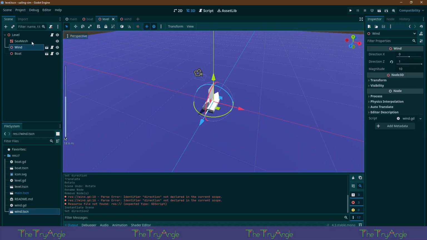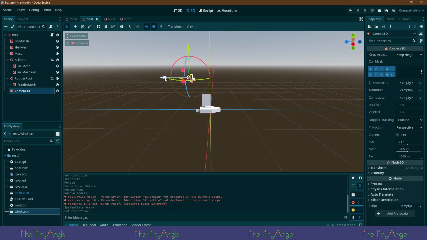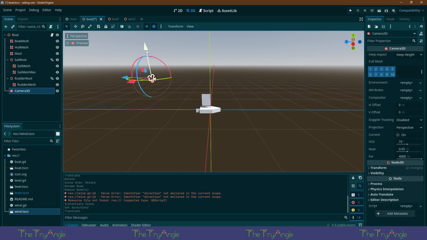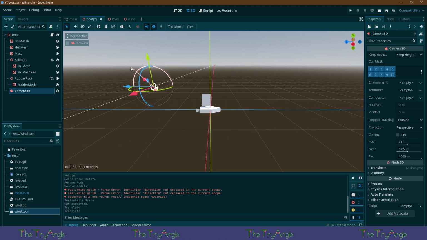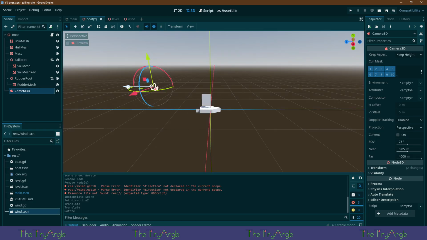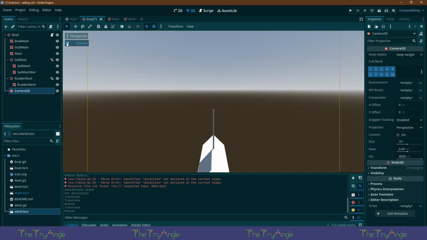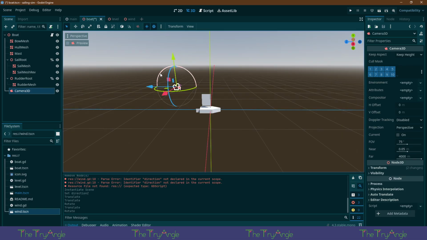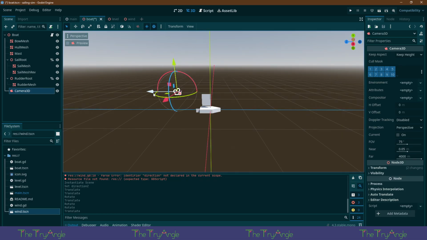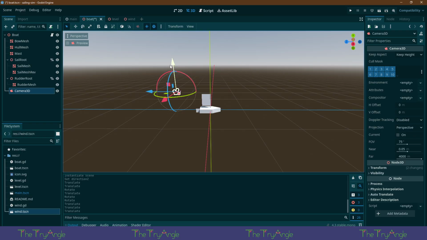So, the wind... God, that camera. It's horrid. I'll move it back a little bit, angle it up a little bit. That's way too far back and not enough angled up. It's an art, this, you know?